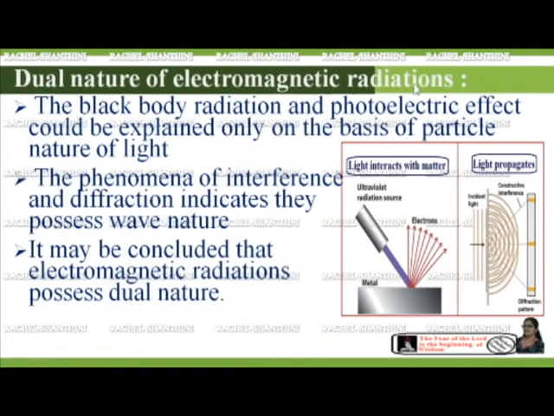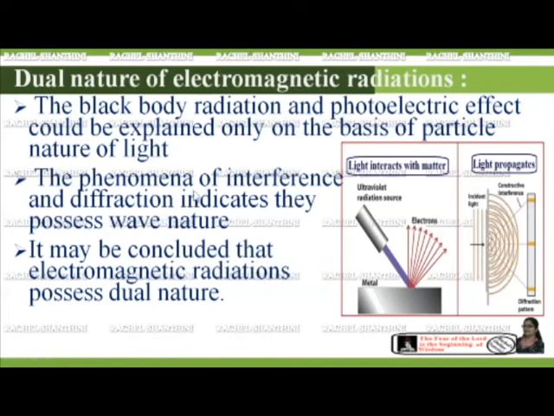Dual nature of electromagnetic radiation. As we have discussed earlier, the black body radiation and photoelectric effect could be explained only on the basis of particle nature of light, because whenever electromagnetic radiation interacts with matter, it displays particle-like properties.